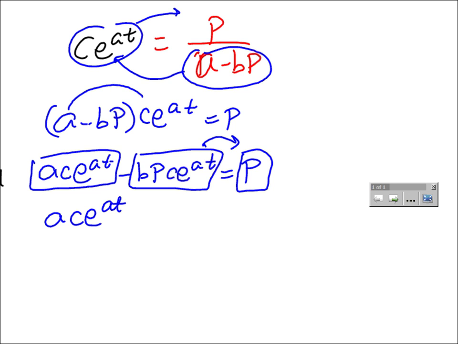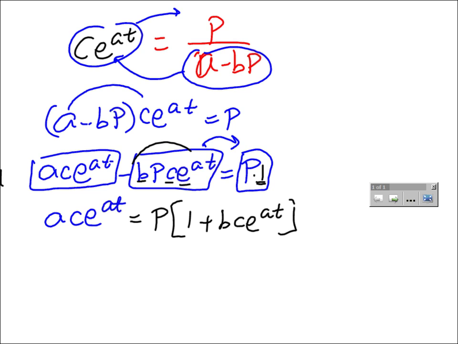Now, I know why I'm bringing it to the other side. It has a p. They both have p's. Remember, this is p times 1. So I can factor out the p right away. I have 1 p's, and when I bring these over, I'll have plus bc e to the at, p's. p c e to the at.